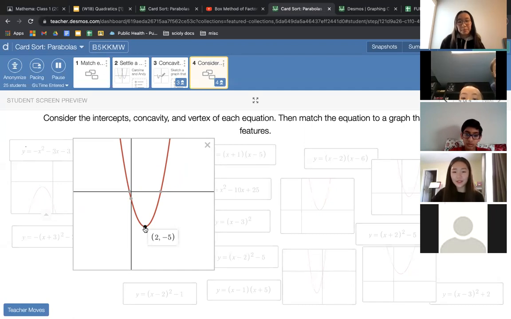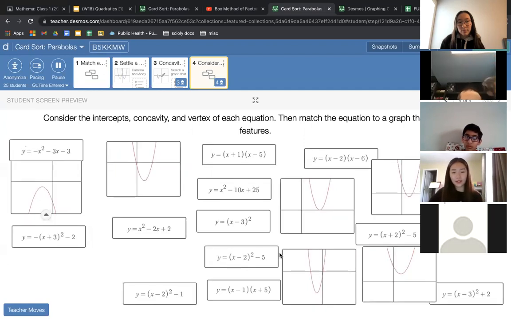Which one do you think is like that for 2 and -5? -2, -5. So that's actually a good guess, but in that form, that would be the x-intercepts, the 2 points that are on the x-axis.